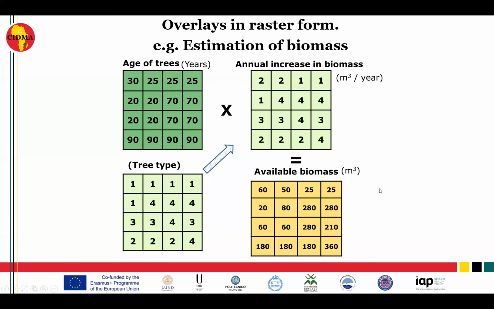So that's how we do overlay operations in raster form. We use different mathematical operations to multiply things, or there are some other ways of finding the information. But more about that at a later stage.